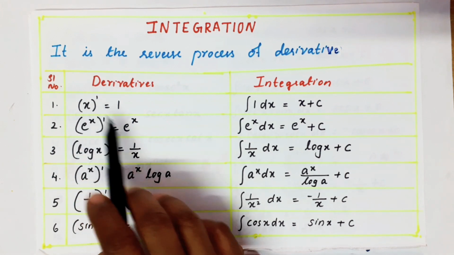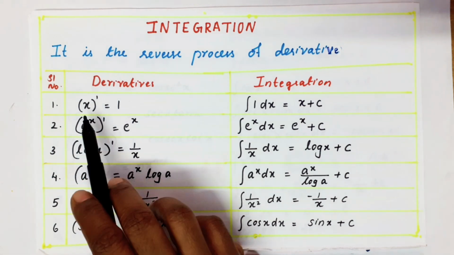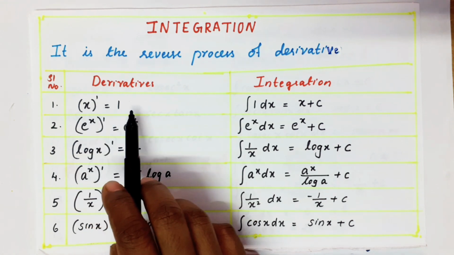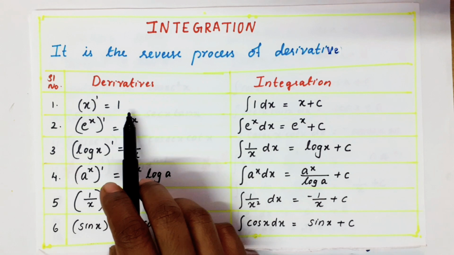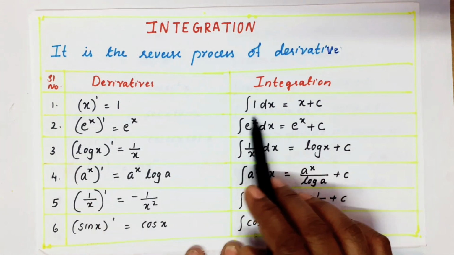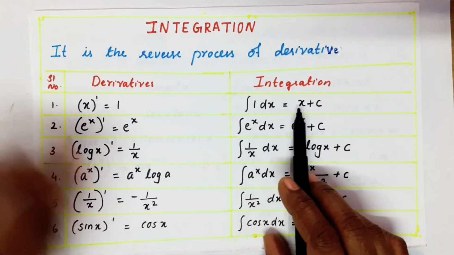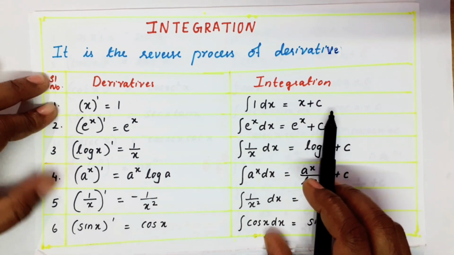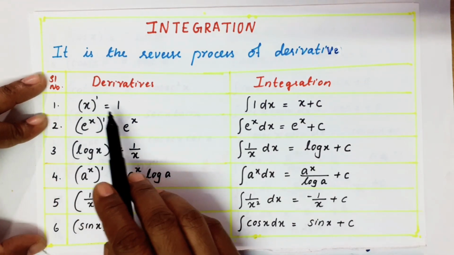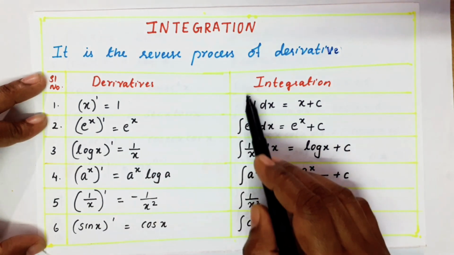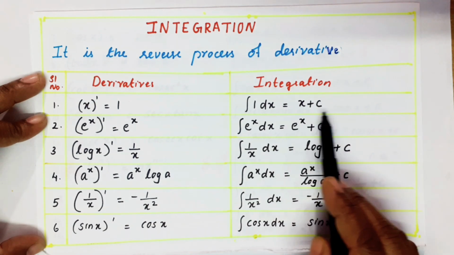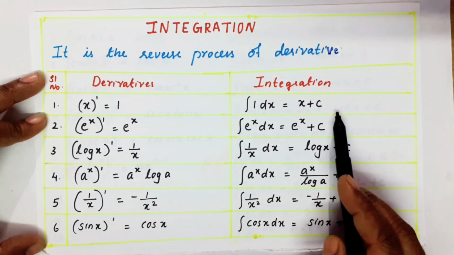We know the derivative of x is 1. It means if you integrate 1 dx, we get x plus a constant of integration c.